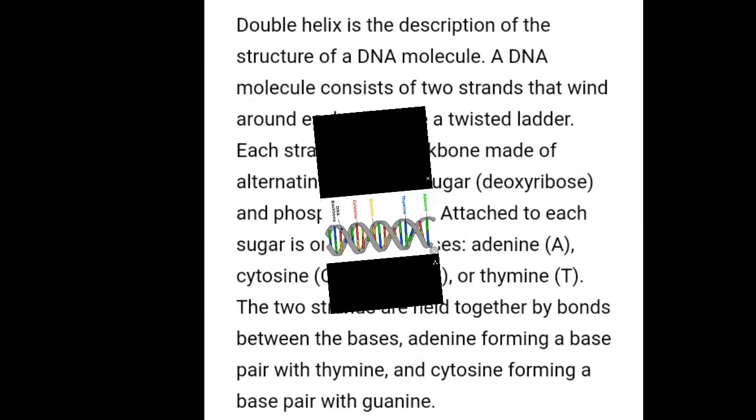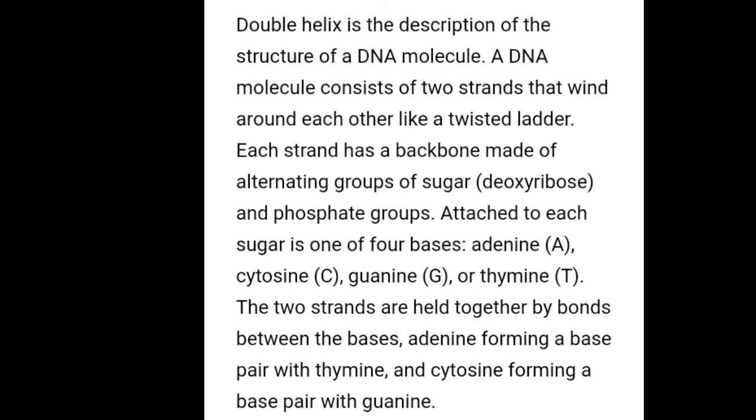So friends, let's talk about the size of the DNA. In 1953, Watson and Crick proposed a comprehensive double helical model. Both strands of the double helix run in opposite parallel directions, and each helix has a diameter of nearly 20 angstrom. Thus, the structure of DNA is a double helix.